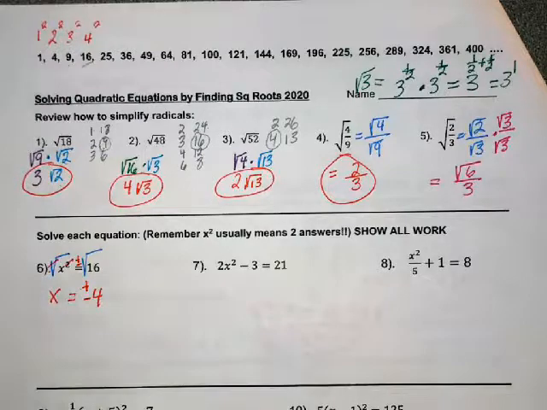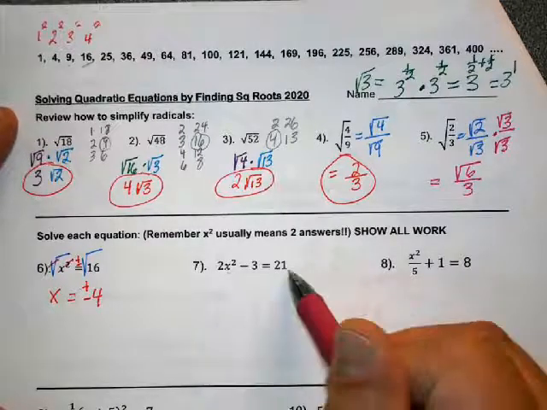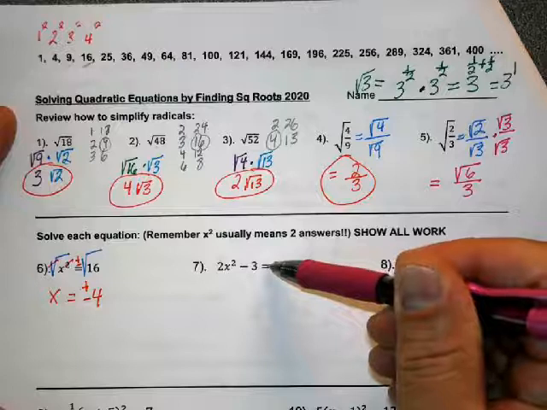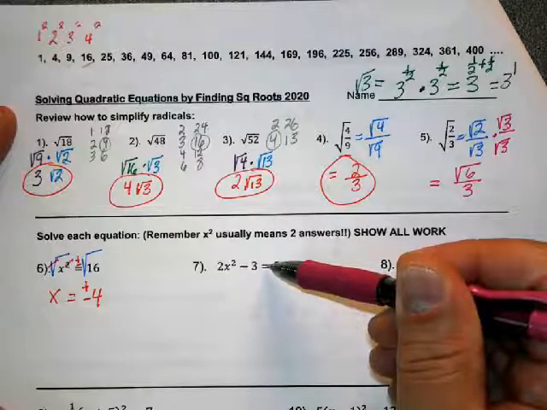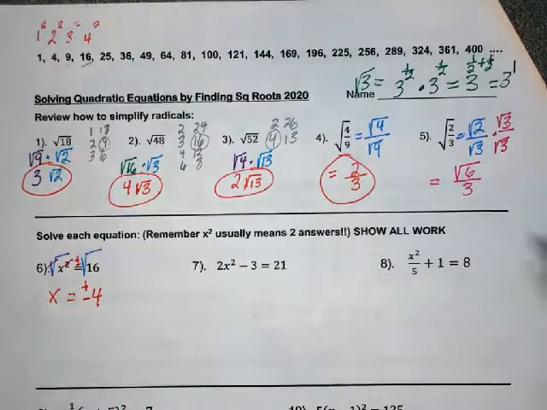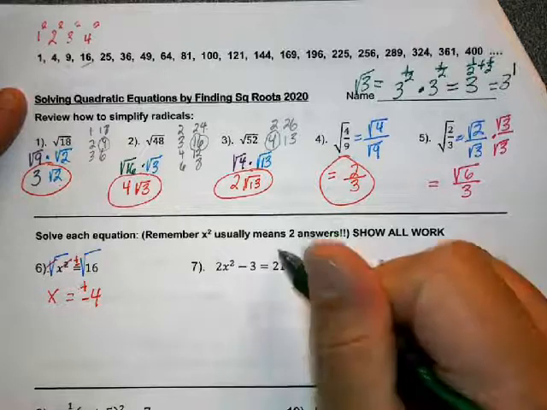All right, in order for us to solve quadratic equations, right? This is a quadratic because it's x squared. It's an equation because of the equal signs. That means we have to get x by itself. That's the whole idea here, right? So I need 0 on one side, and we went through this yesterday. I need 0 on one side of my equation.